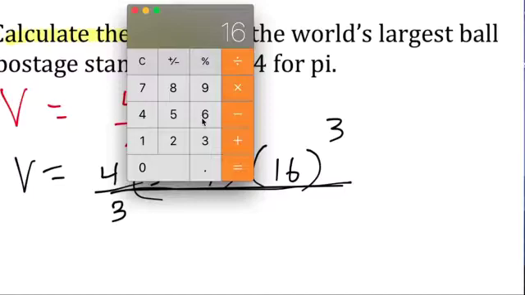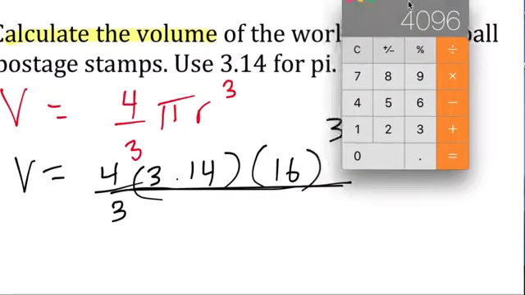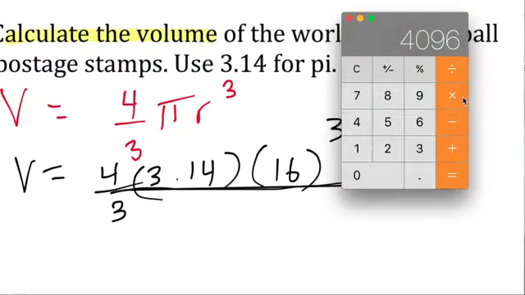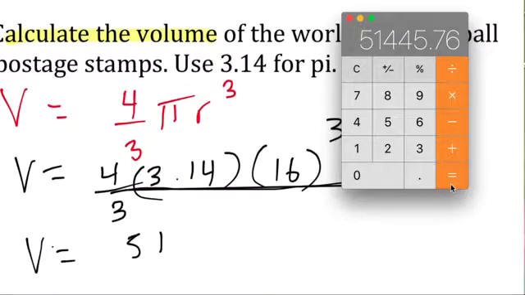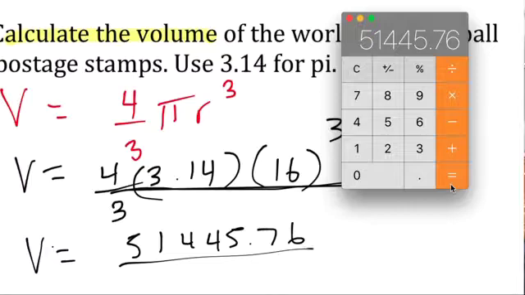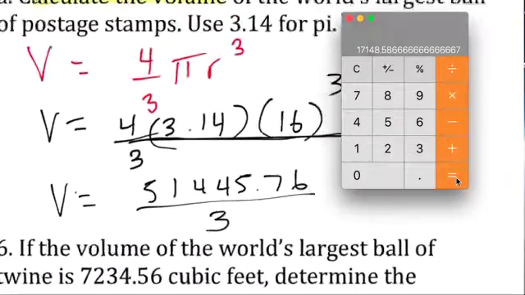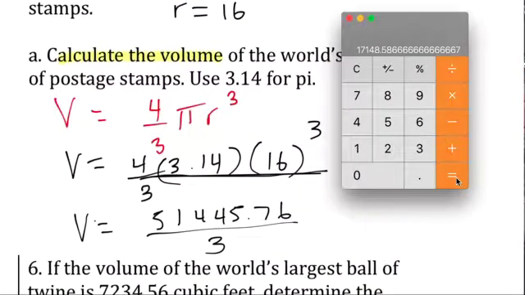Then times 3.14, times 4, and we get the answer 51,445.76. Divide that by 3. We divide our answer by 3 and we get the volume of this item.